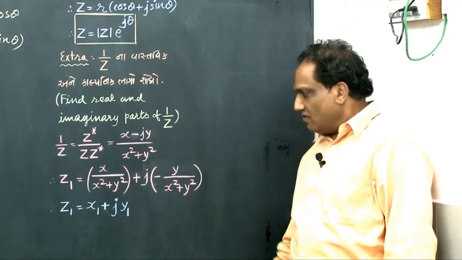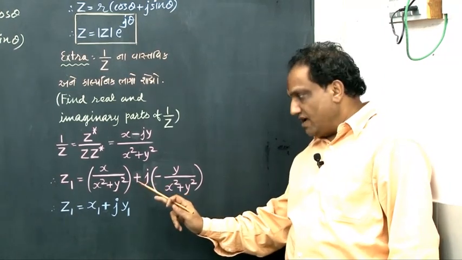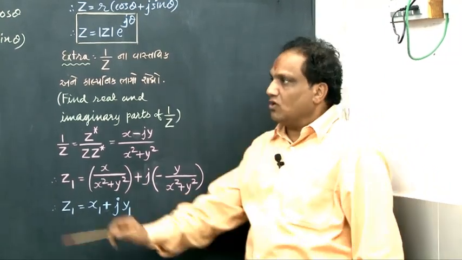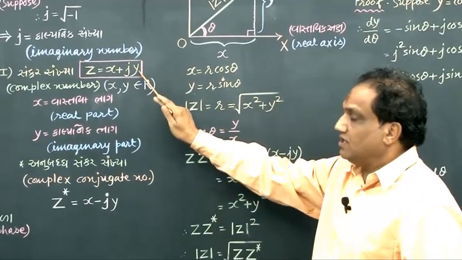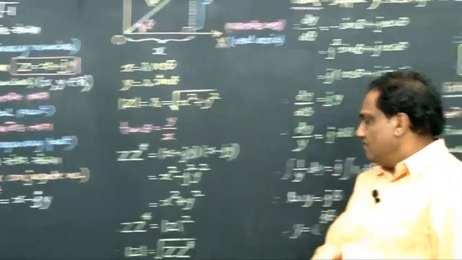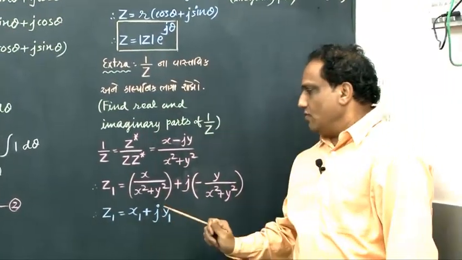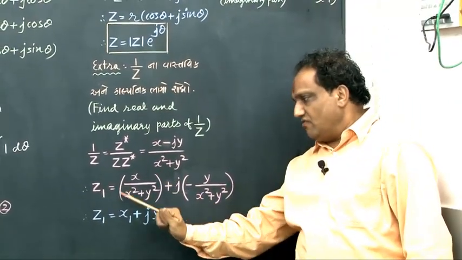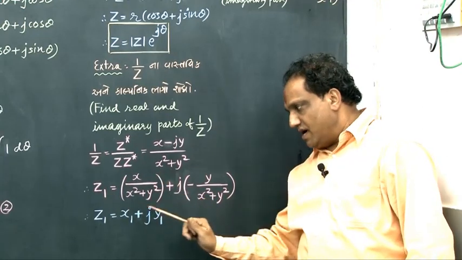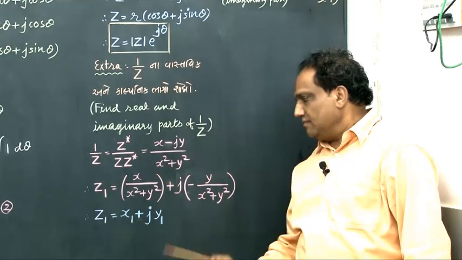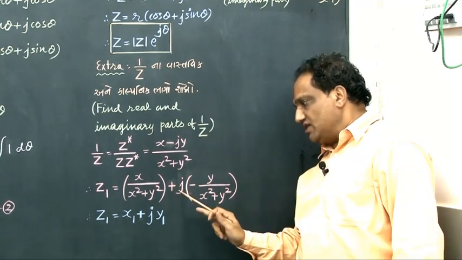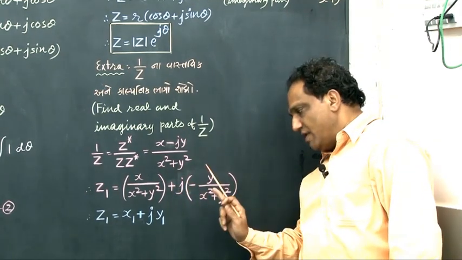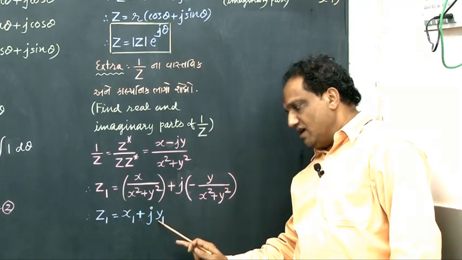Why am I finding the coefficient of plus j? Because the coefficient of plus j will give me the imaginary part. And the part without j is the real part. Let it be x1, and the coefficient of plus j is the imaginary part, let it be y1.